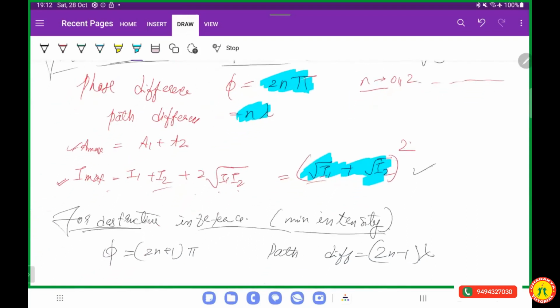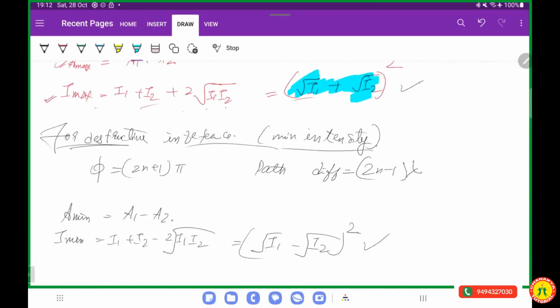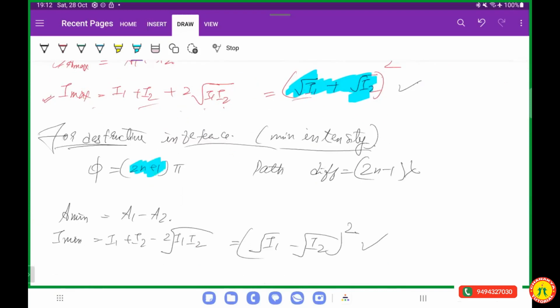For destructive, phase difference is (2n plus 1) pi and path difference (2n minus 1) lambda by 2. And minimum amplitude is A1 minus A2, intensity minimum. This, no need to remember.